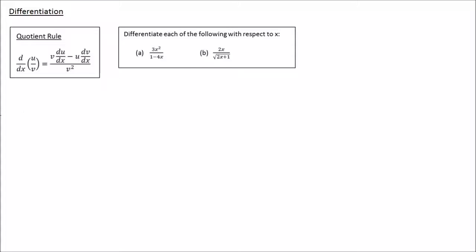Now let's take the first case, part A. We are asked to differentiate this function. So we will write it this way, d/dx of 3x squared over 1 minus 4x.